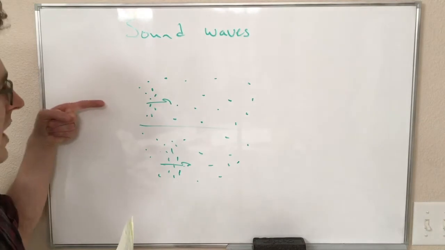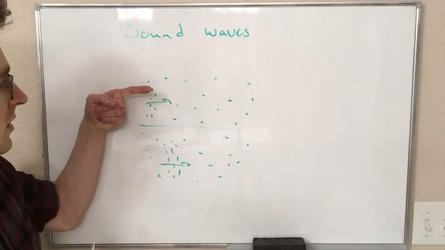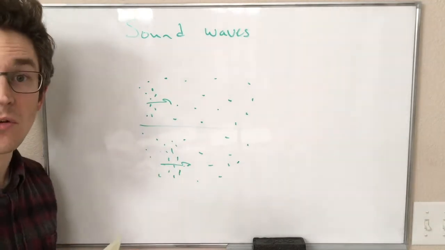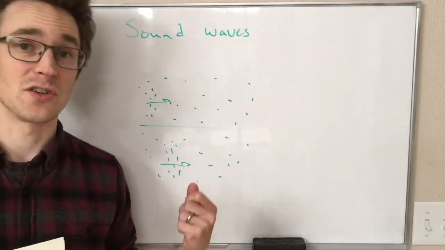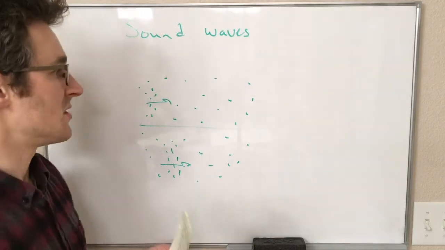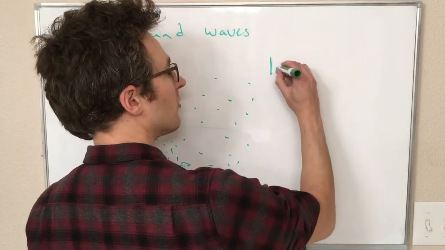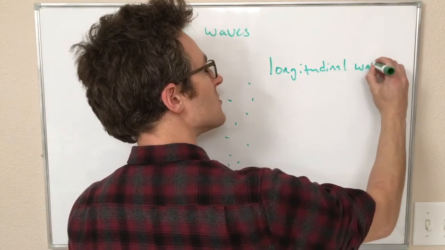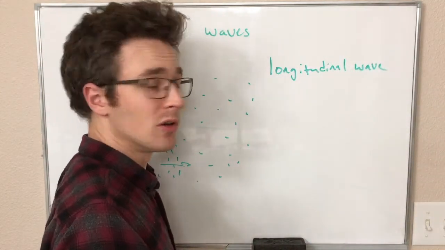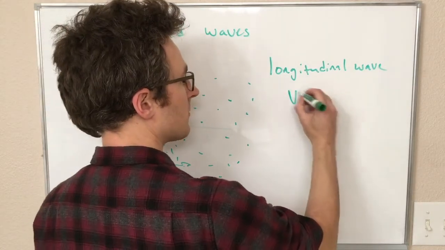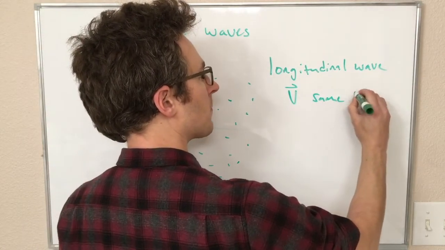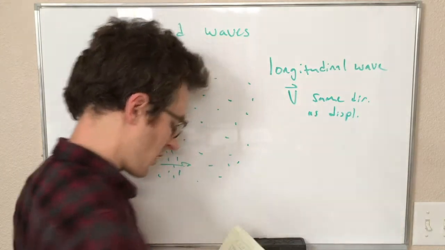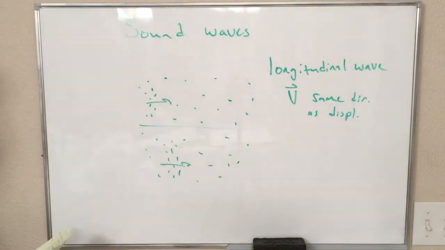Here, our velocity, the wave is traveling to the right, and the displacement, the molecules also traveled to the right. So here our displacement is in the same direction as our velocity, which means this is a longitudinal wave. So not a transverse wave, because these two are in the same direction. The velocity is in the same direction as the displacement.